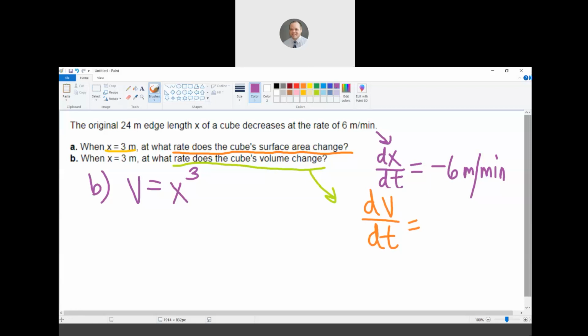The derivative of V with respect to time is dV dt. And the derivative of x cubed is 3x squared. And because we're taking the derivative with respect to time, we need a dx dt after it.